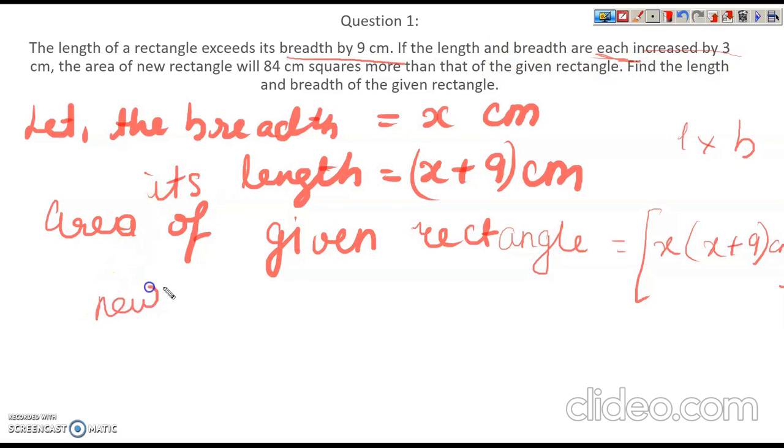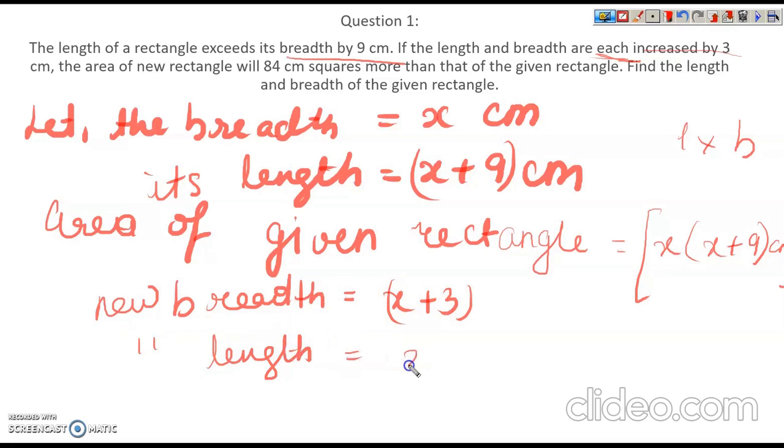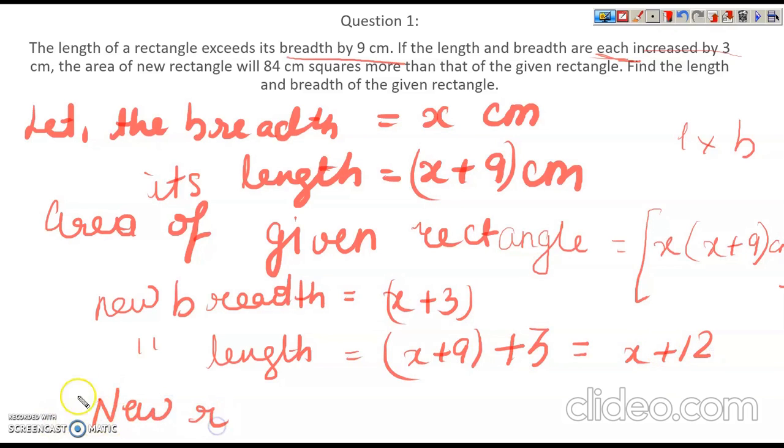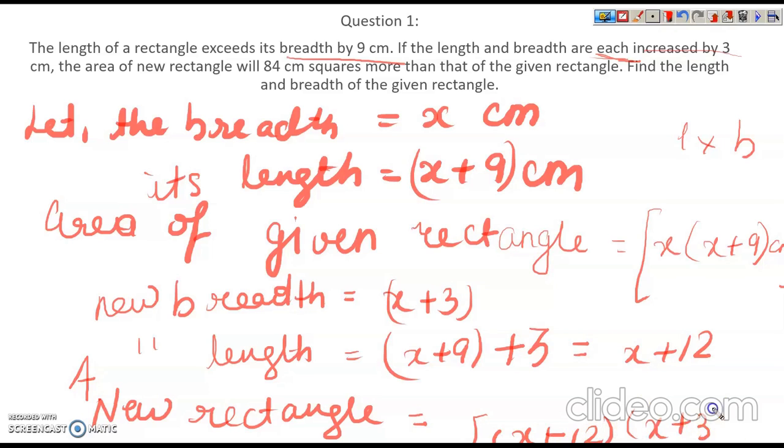So our new breadth is x plus 3 centimeters and our new length is x plus 9, this was our old, plus 3, which will give us x plus 12. The area of the new rectangle becomes x plus 12 times x plus 3 centimeters square.